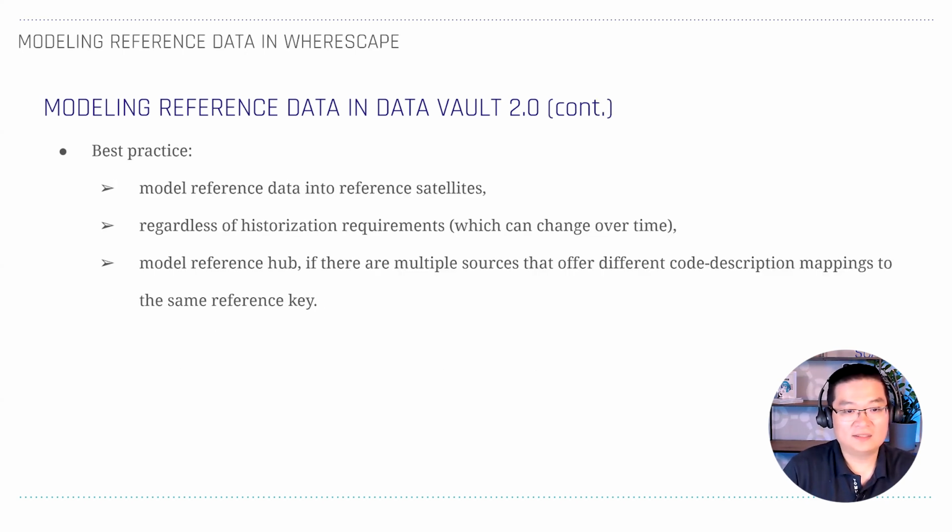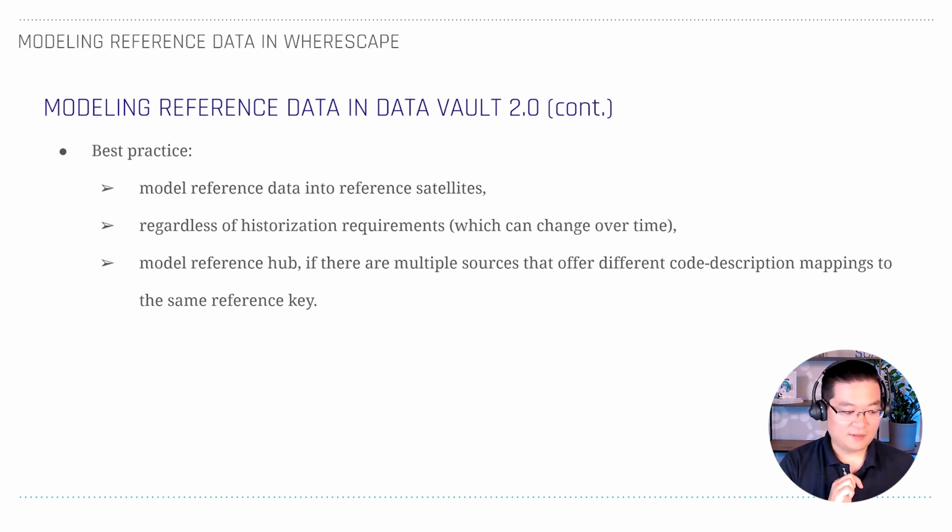However, and this is something that we've been discussing a lot in projects and also in our trainings, we do learn that it only makes sense to model a reference hub if you have multiple sources for the reference data sets.